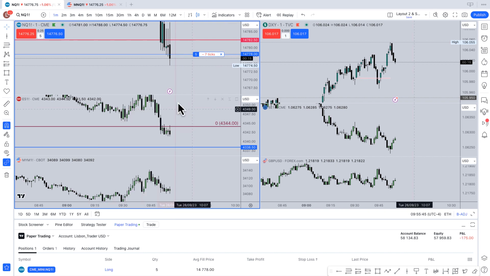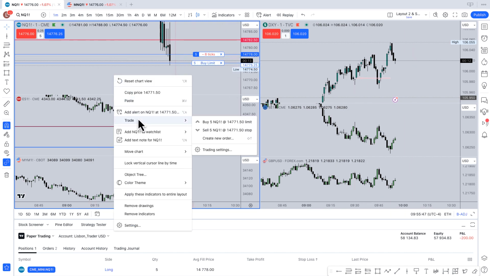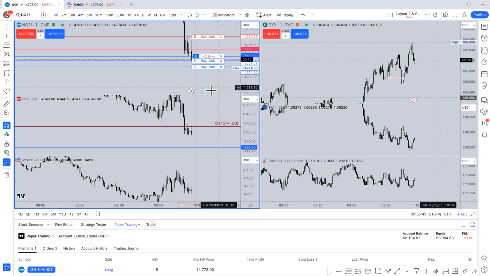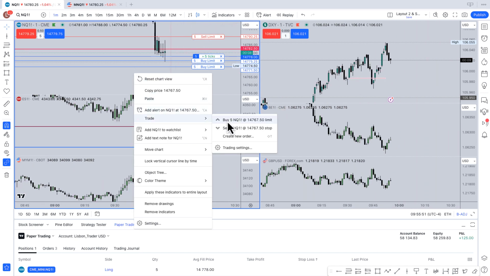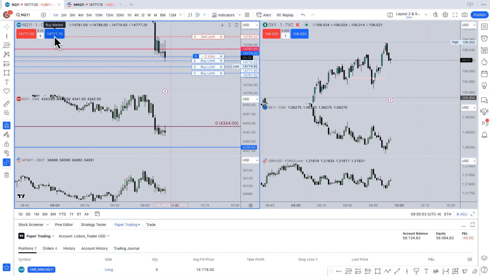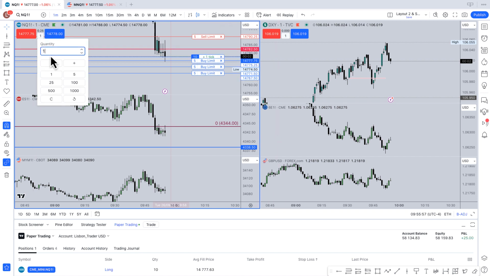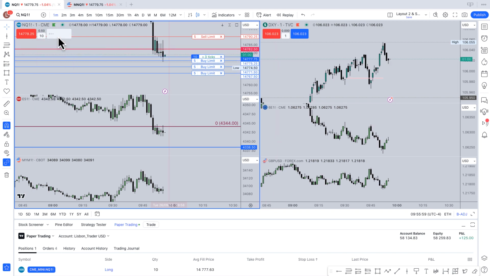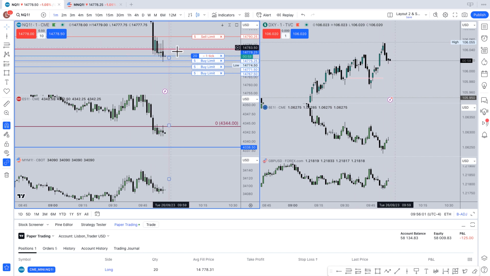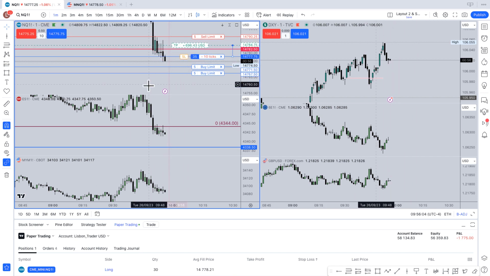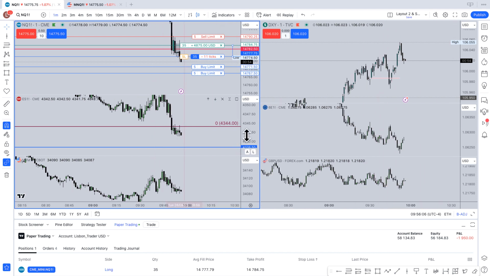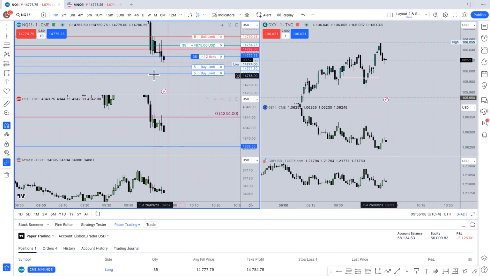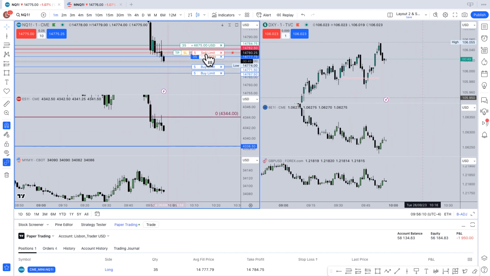Buying these stops. $58 in profit. Expecting the push. Expected to push it a little bit above.